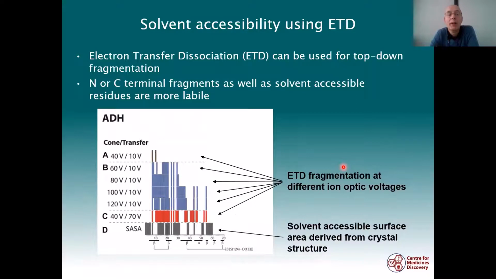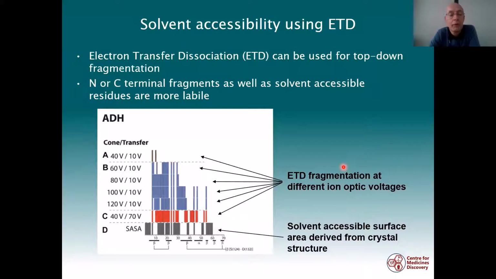So you can apply ETD to intact proteins and they will fragment, but where they fragment depends on their structure. So what you generally see with ETD data is you will see data from the N terminus of your protein or from your C terminus, but you can also get fragmentation data where your sequence is close to the surface, because the residues there are more labile.